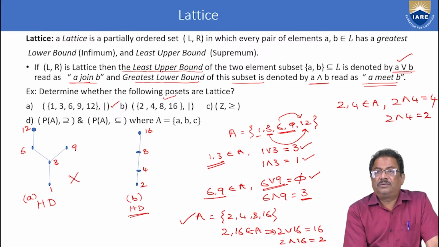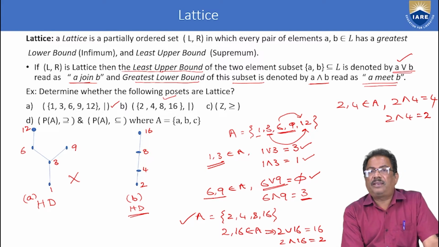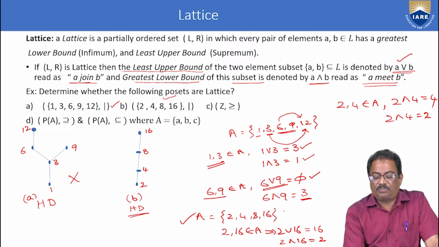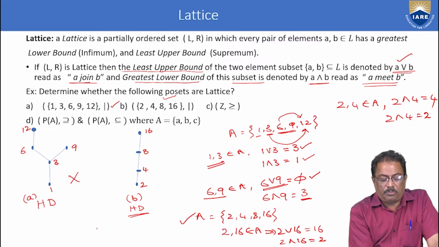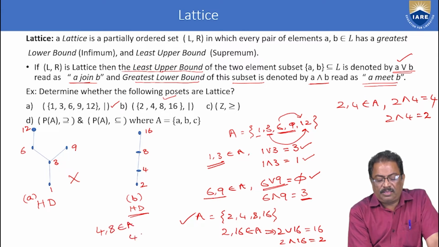So, like that, you can consider any pair subset of A, and we can get a least upper bound as well as the greatest lower bound. So, 4, 8 if I am going to consider, belonging to A. Here the least upper bound of 4, 8 is 8, and the greatest lower bound of 4, 8 is 4.